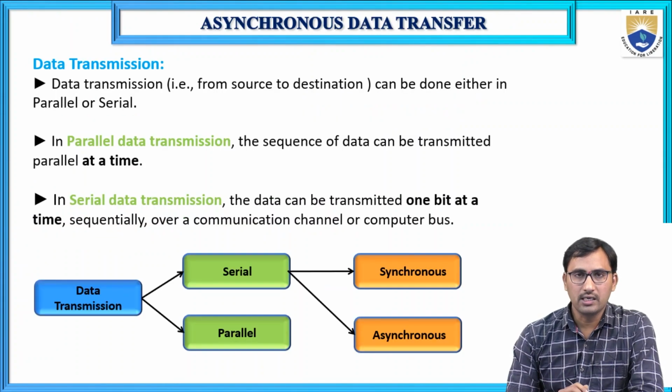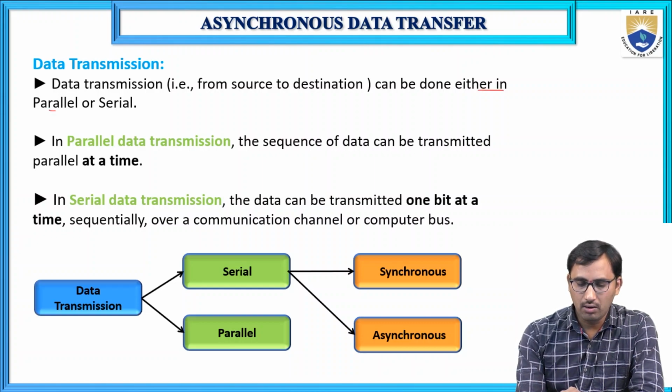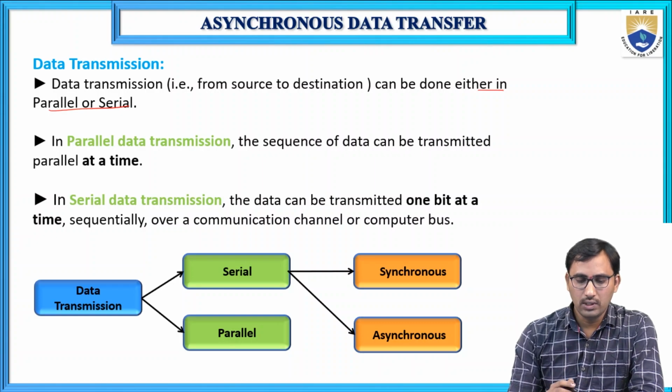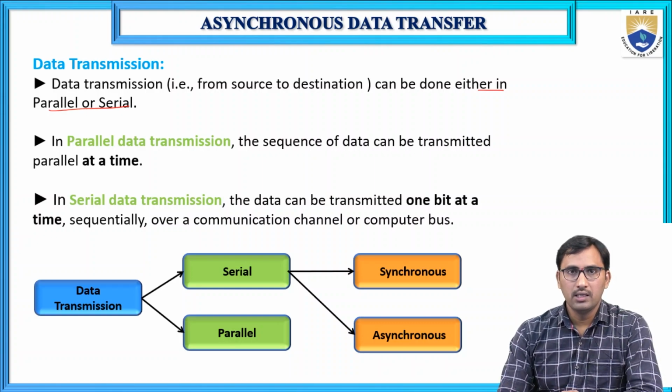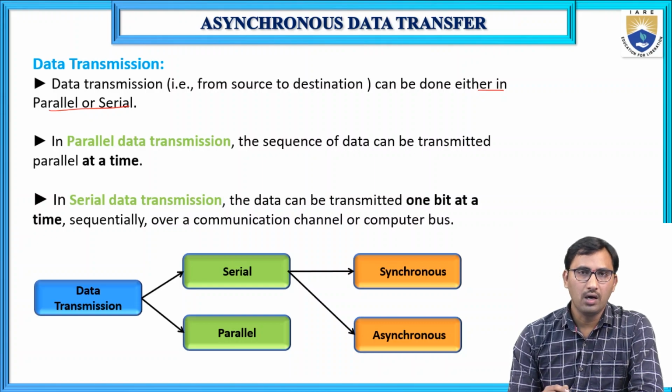And coming to the data transmission. So data transmission can be done either in parallel or serial. Data transmission means the data can be transmitted from one place to another place.